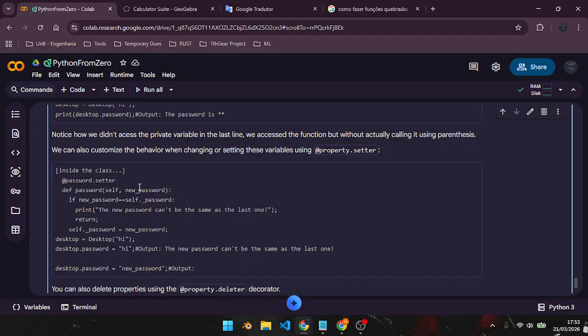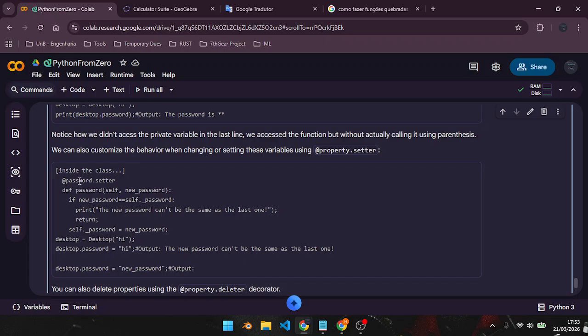It receives the object and the new value for that property, and then maybe when the user is trying to set up a new password, I'm gonna check if the password is the same as the password that's already in the system. So if the new password is equal to the password that I'm already holding, let's say like that.